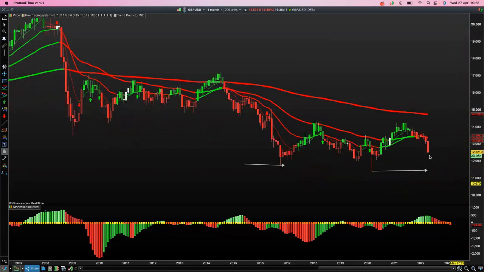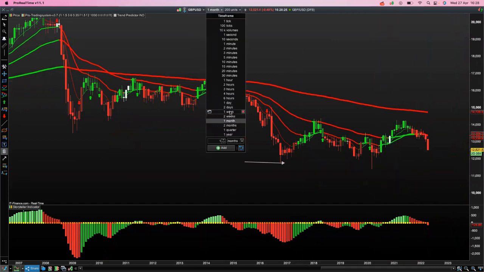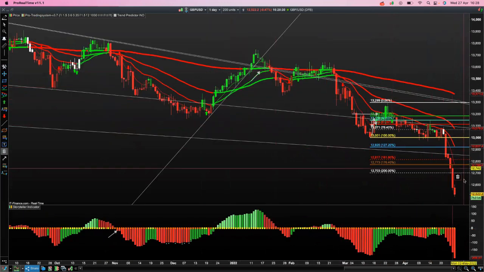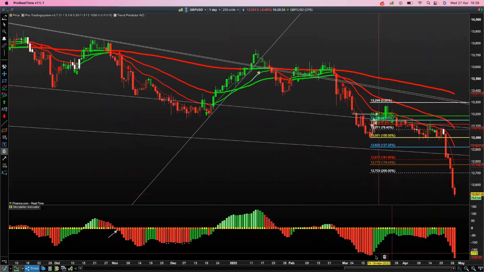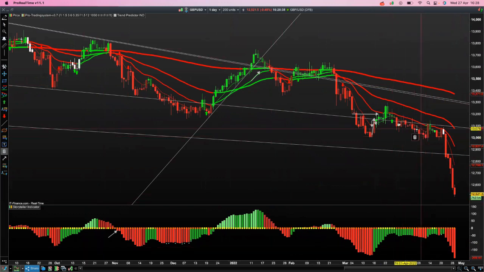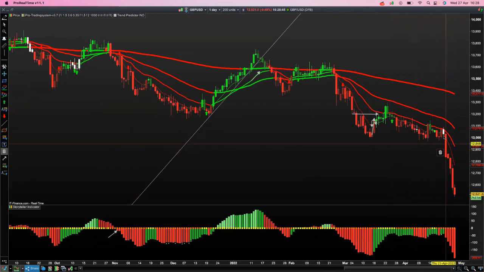So maybe we do head after this low and even further down. It's been a big moving month for the dollar pairs. This divergence is not in play on the pound dollar. The swing wasn't quite as good as the euro dollar, but yeah, it's very short, but it's incredibly extended.